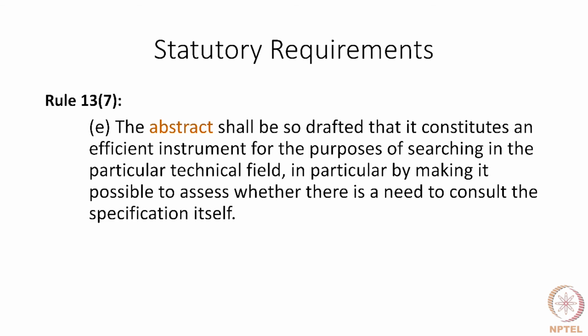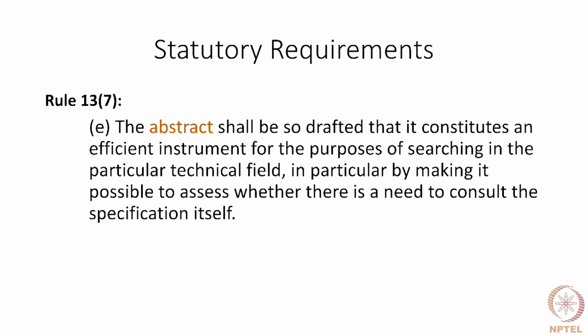The abstract shall be so drafted that it constitutes an efficient instrument for the purposes of searching in the particular technical field, in particular by making it possible to assess whether there is a need to consult the specification itself. So here they describe the function of an abstract. Now it is used as a searching tool. That's the role of an abstract. In fact, when a patent application is published, it is published with the bibliographical details and the abstract.